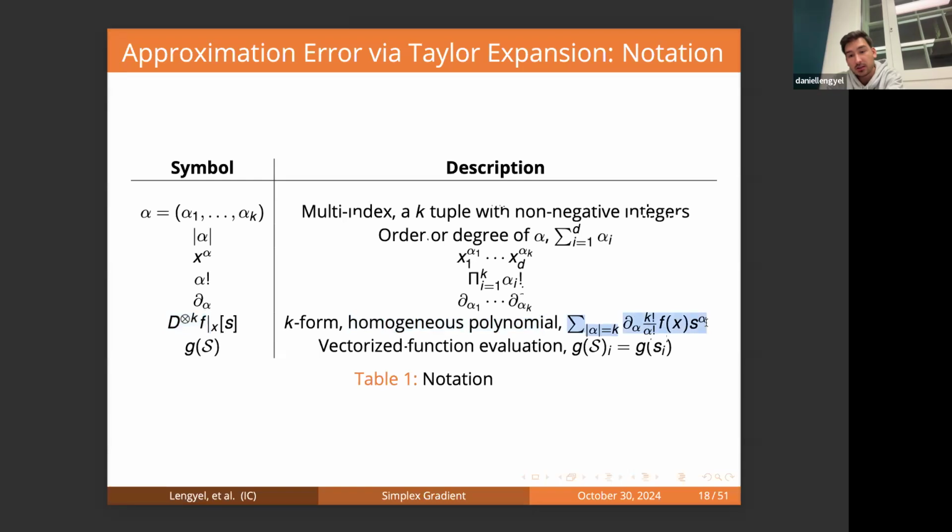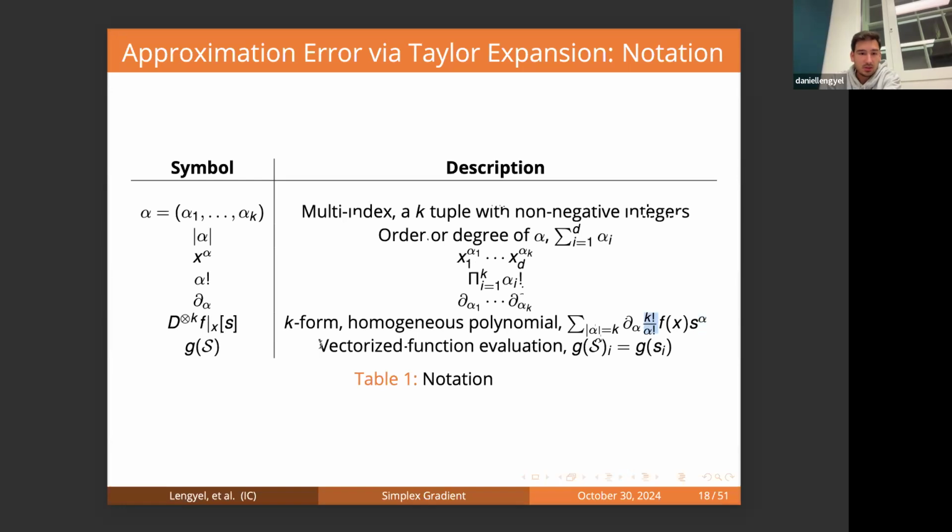And then you can write this form as the sum over all alpha such that they have order k with the gradient with respect to alpha, or the partial derivative with respect to alpha, k factorial over alpha factorial. This is necessary for the Taylor. Well, no, it's just how it's given by the k form. And you differentiate f of x and s alpha.